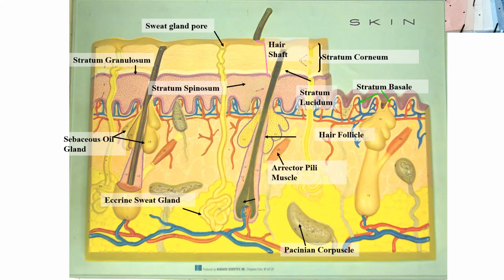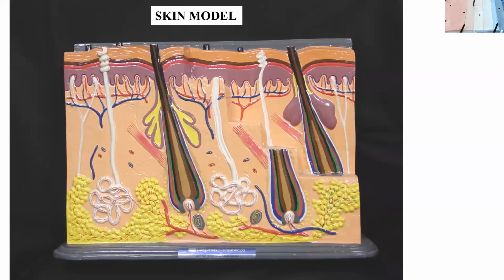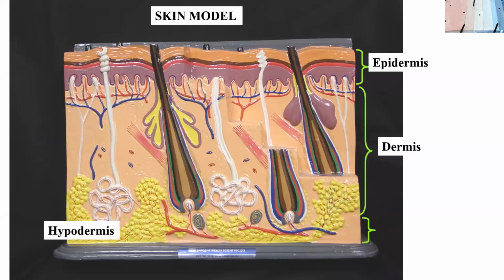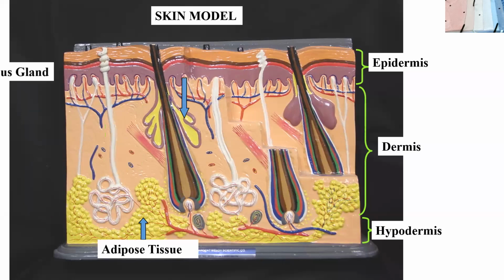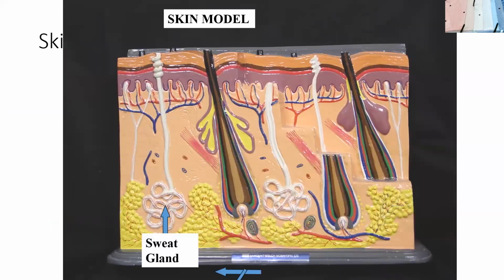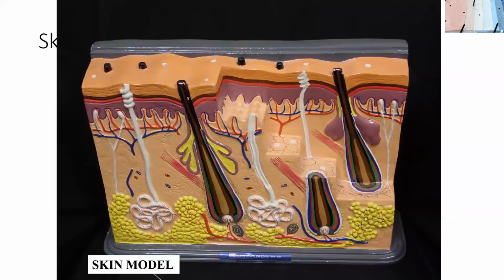Now, one more thing to show you on this. Okay, another skin model. There we go. Now this one corresponds to this large model right here. And it's similar, but the important thing, if you feel the need, go ahead and pass it around.